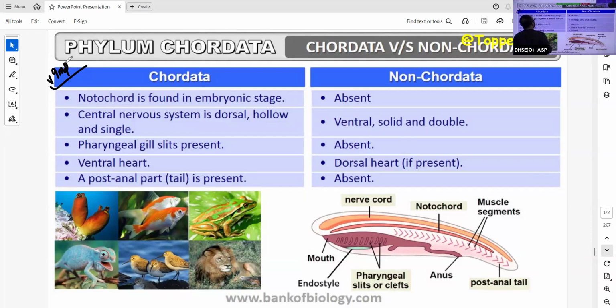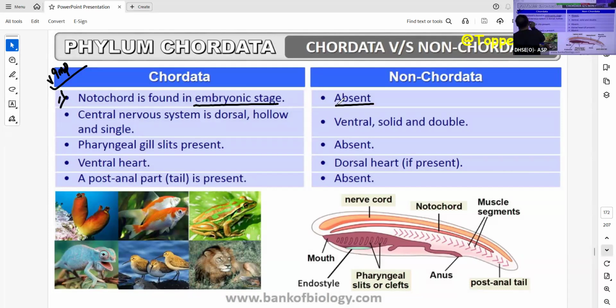Now, in case of chordates, the notochord is found in embryonic stages, whereas in non-chordates it is absent. Clear?